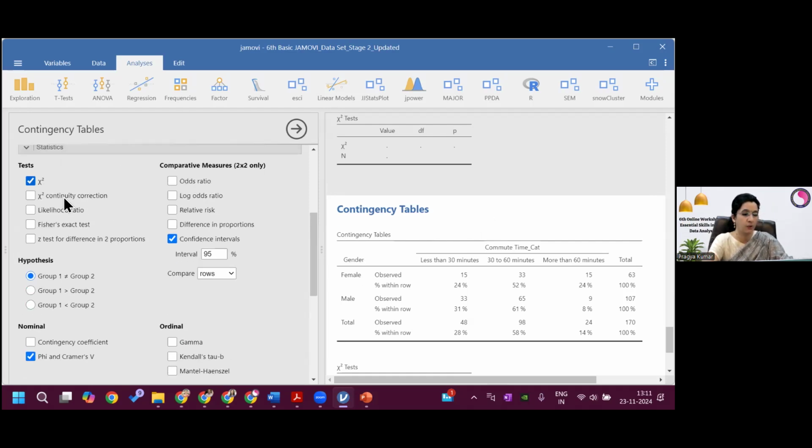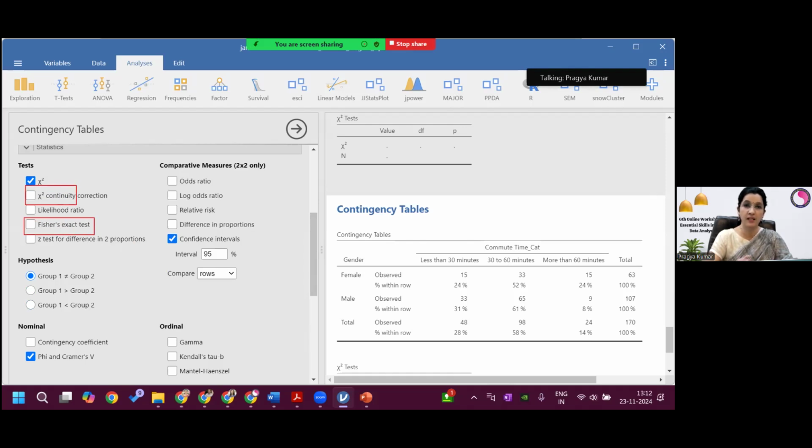I told you, since our sample size is very good, it is 170, you will never use this chi-square continuity correction. But if the sample size is less in any of the cells, which happens with many of our PG theses, then if it is an n by n table, you will go for the chi-square continuity correction. But if it is a 2 by 2 table, then you go for the Fisher exact test, because the Fisher exact test can be applied only if it is a 2 by 2 table.